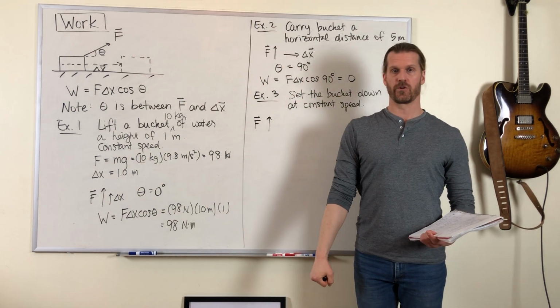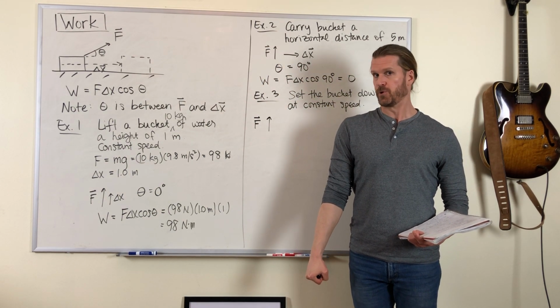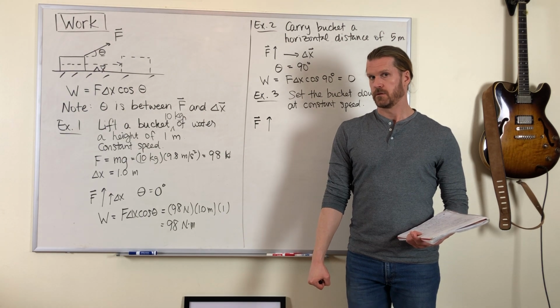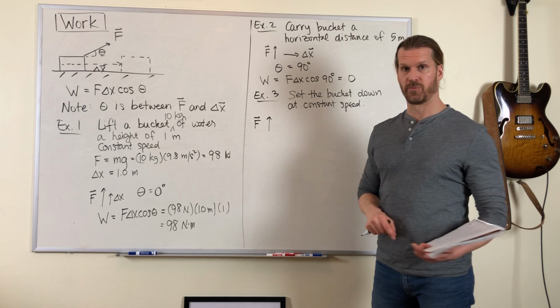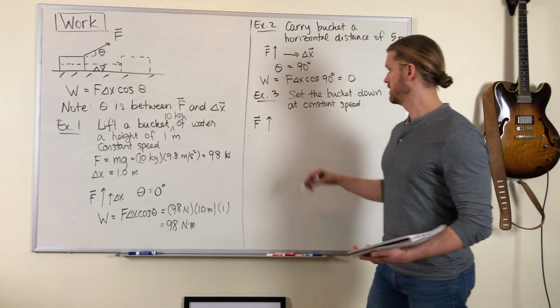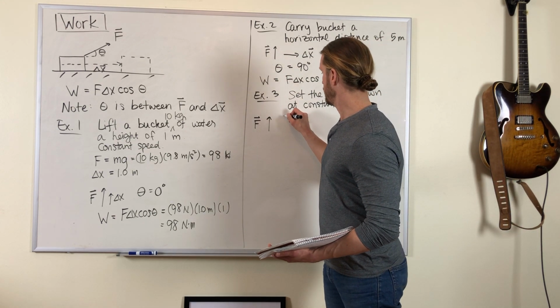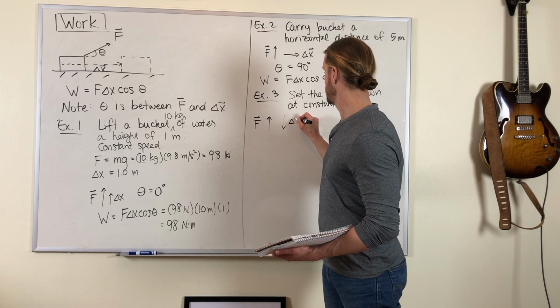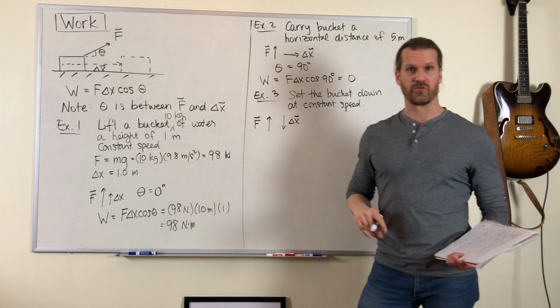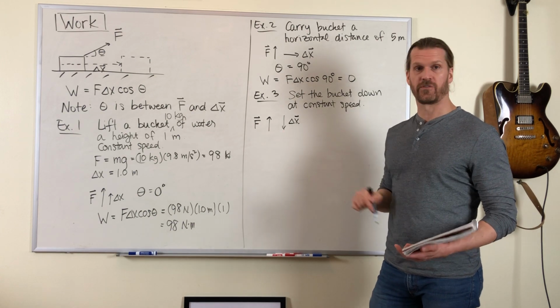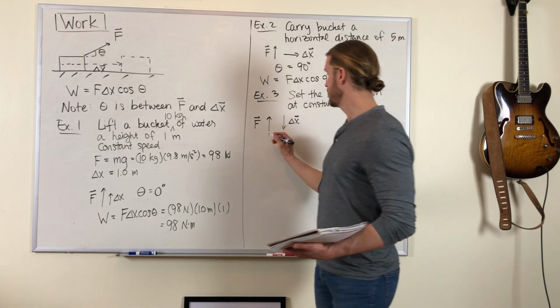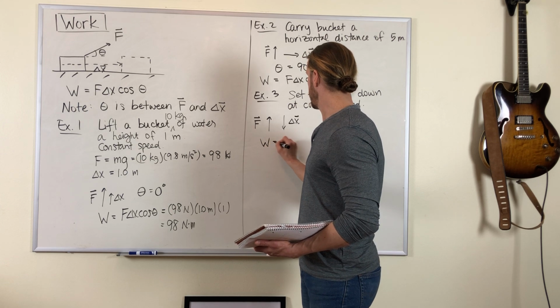As you lower it to the floor, you still have to pull upward on it for it to go at a constant speed. So the force you apply is still upward, but now, because it's getting lowered down, the displacement vector points downward.